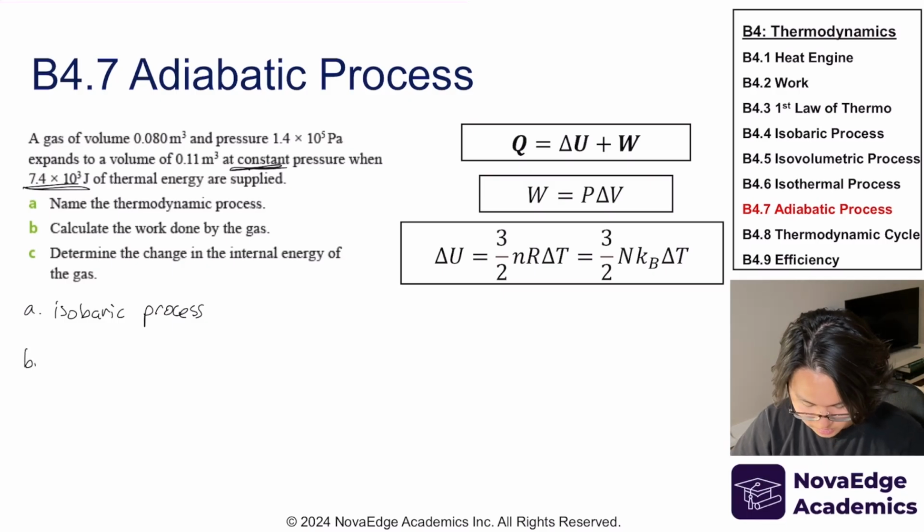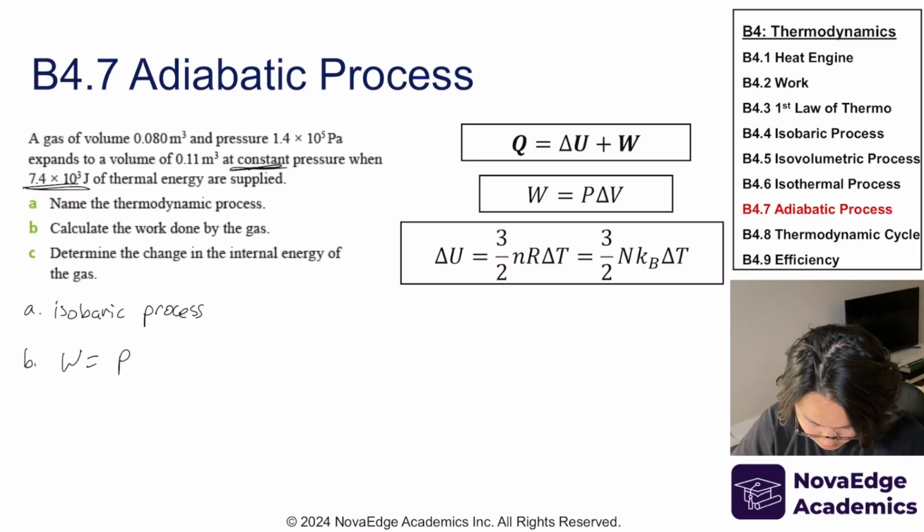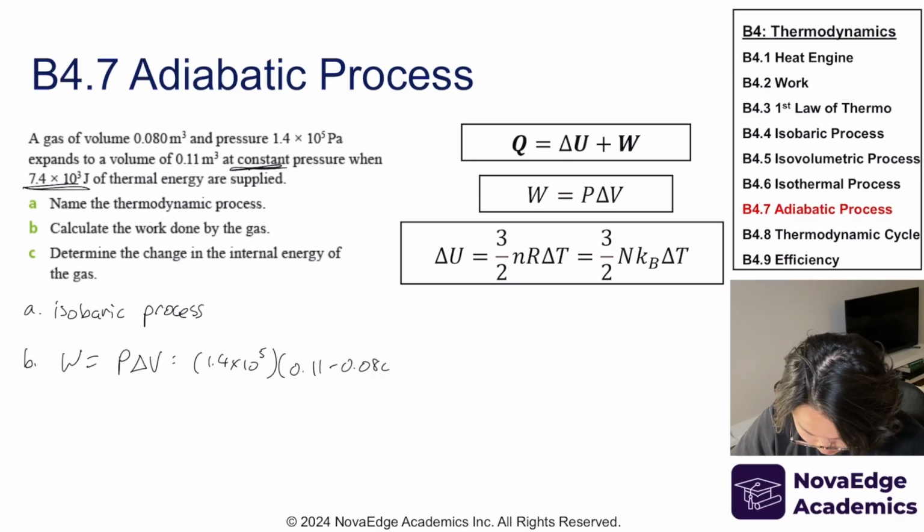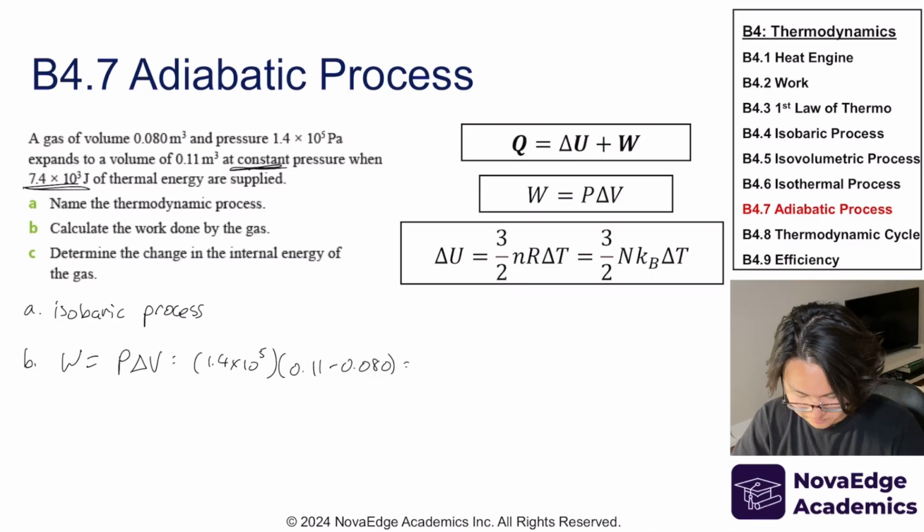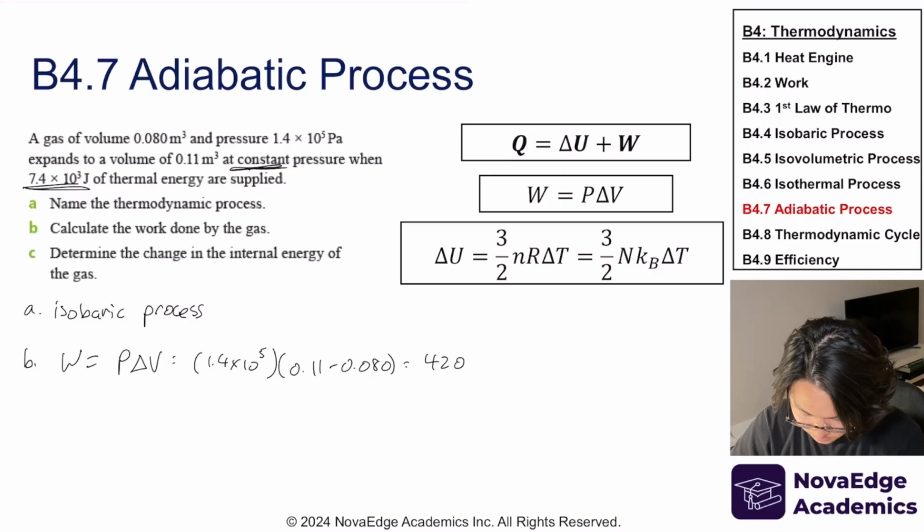B, calculate the work done by the gas. I already know the pressure is the same, but I know the final and initial V. So work is equal to this. So 4,200 joules.